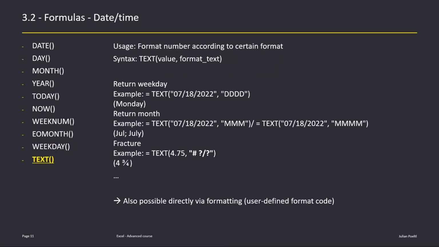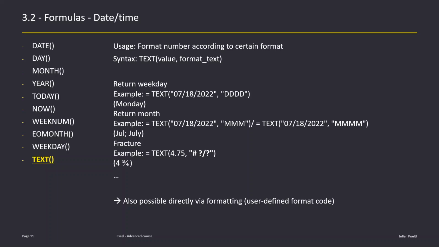And TEXT: this function is not a date function, but I have it here because I use it mostly for formatting dates. You can format numbers according to certain formats, for example, to return a weekday. So if you want to have the weekday or the month written out, you type in TEXT, give it a value, in this case a date or a reference to a date, and then type in the special format code. You need to know the format codes by heart or know where to search for them, or ask ChatGPT.